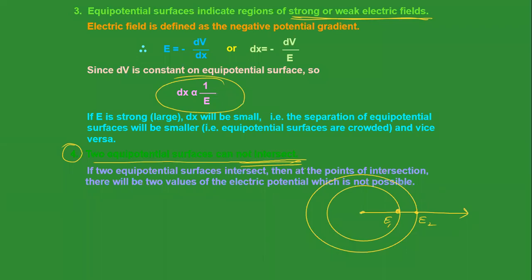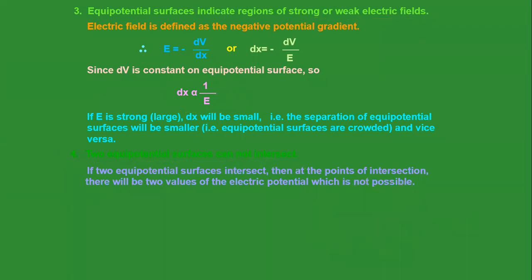If two equipotential surfaces intersect, then at the point of intersection there will be two values of the electric potential, which is not possible. Therefore, two equipotential surfaces cannot intersect.